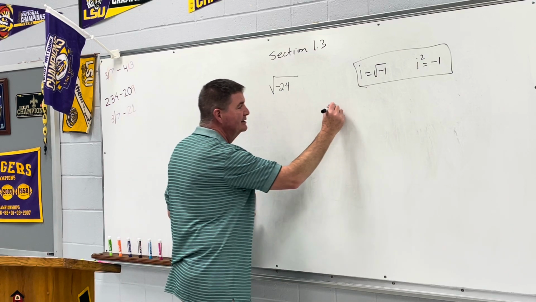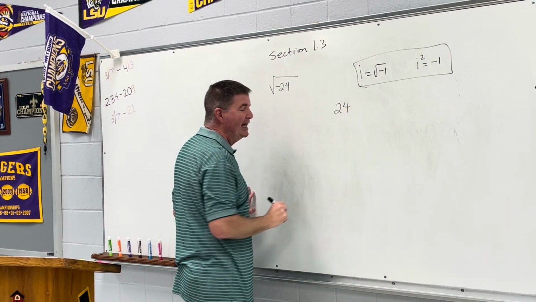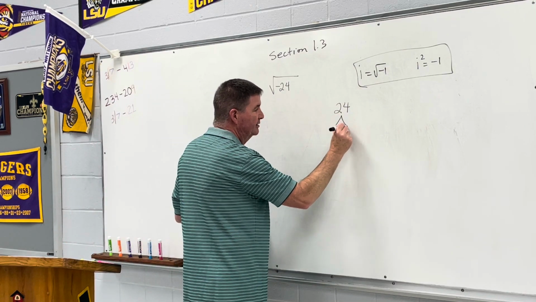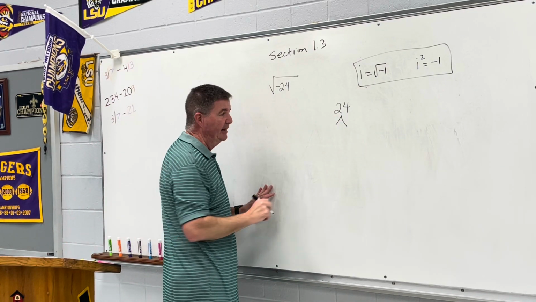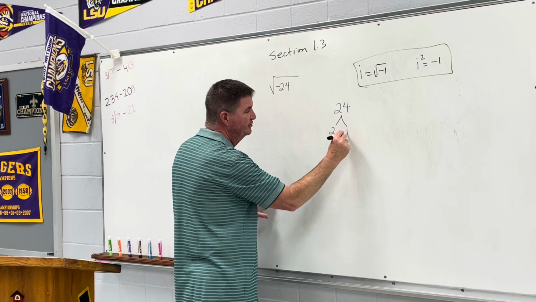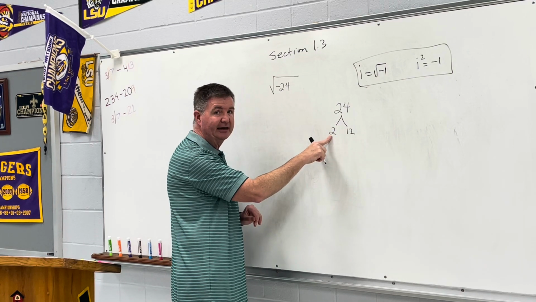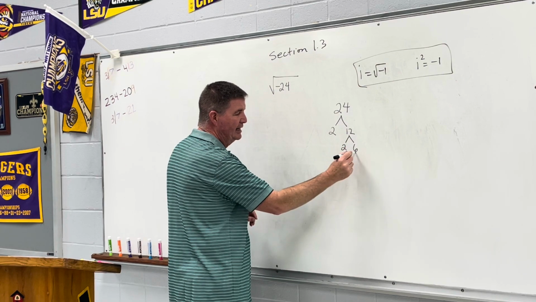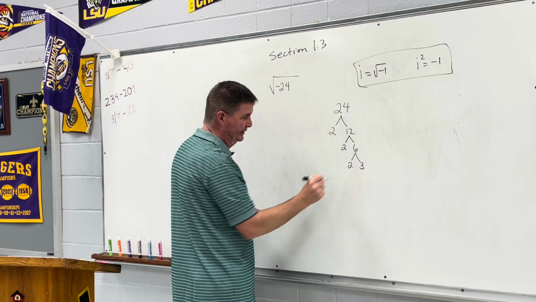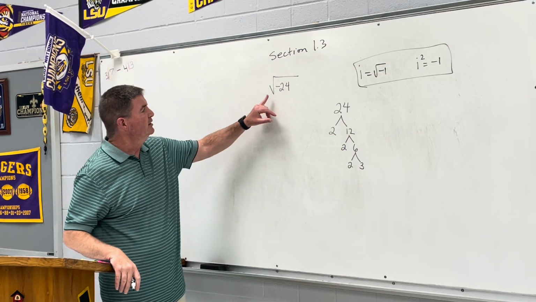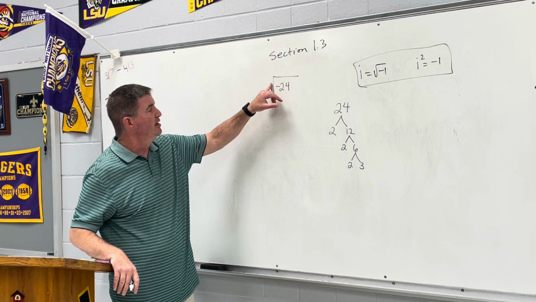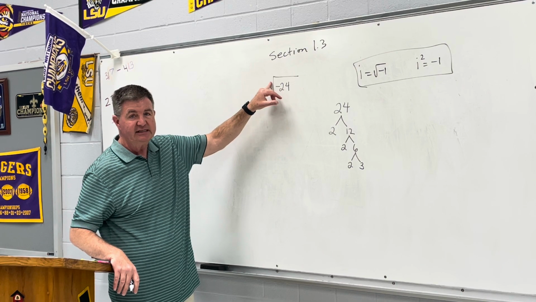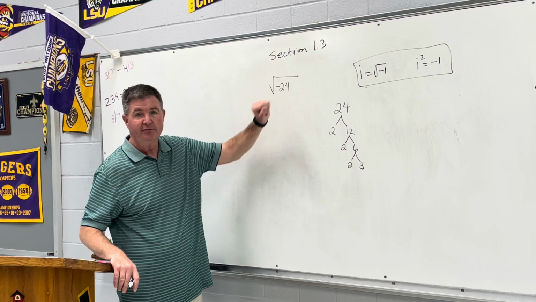So I like to take the number in question and break it down into its prime factors, meaning the prime numbers that multiply to give me that number. 24 could be 2 and 12. 2 because it's a prime factor, so that's why I factored it out. 12 could be 2 and 6, and then 6 could be 2 and 3. When we're dealing with a square root, there's an understood number 2 here, meaning we need 2 numbers that are the same in order to take it out of the radical.